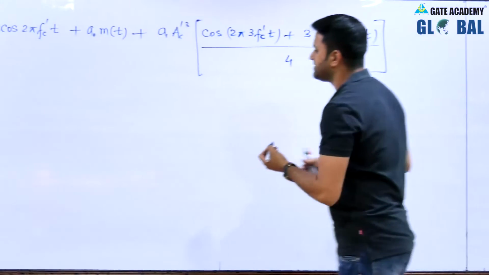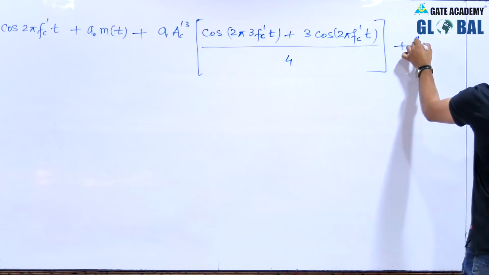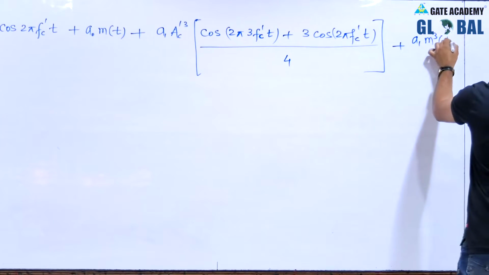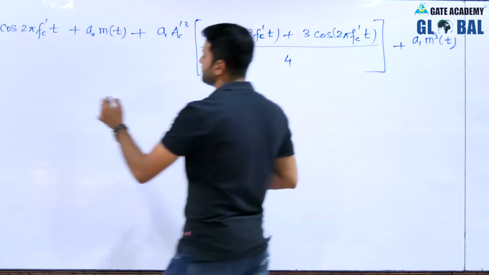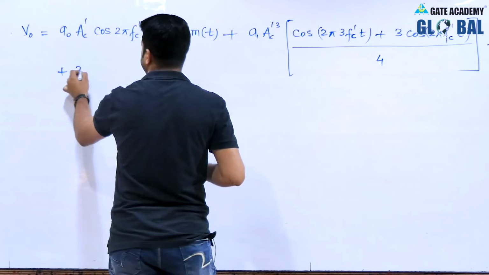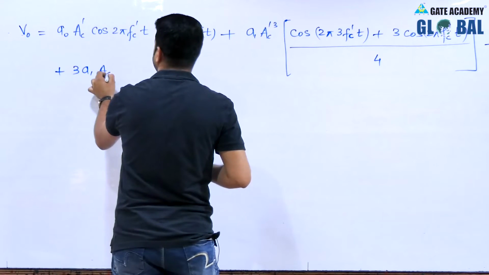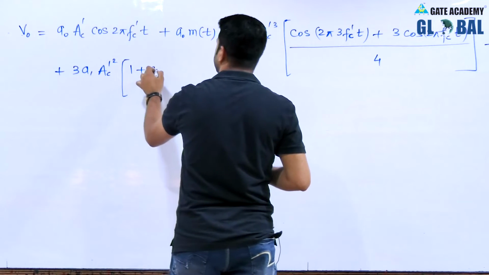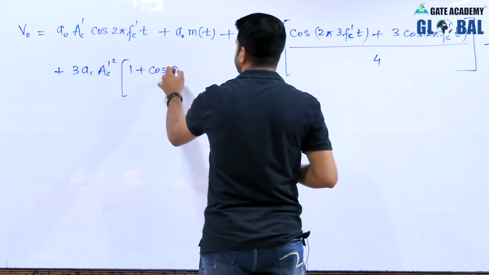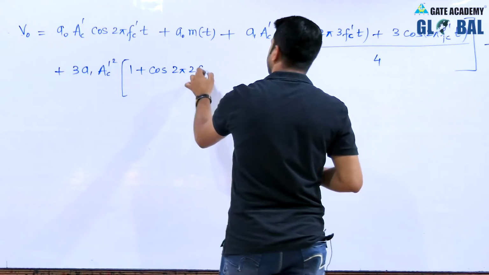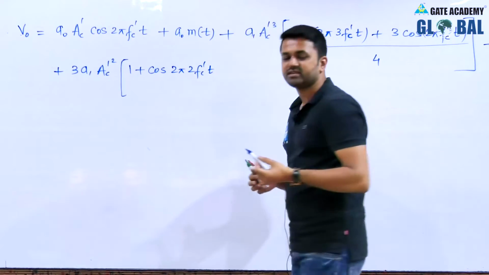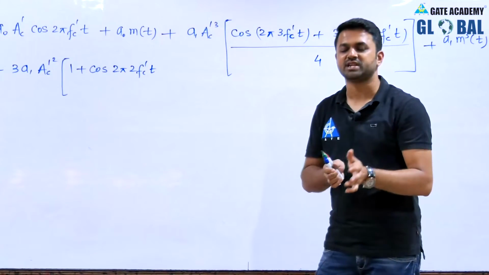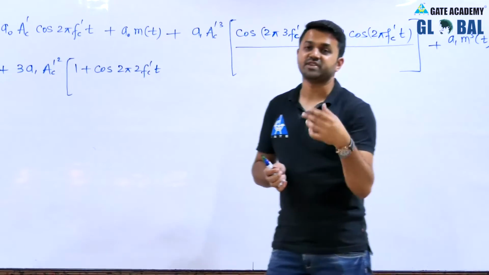And then the next term is a1 m^3(t). Then we will get 3 a1 Ac'^2 cos^2 theta, that is (1 plus cos 2 theta), meaning 2π 2fc' t, because cos^2 theta gives cos 2 theta, and cos 2 theta means the frequency is twice.